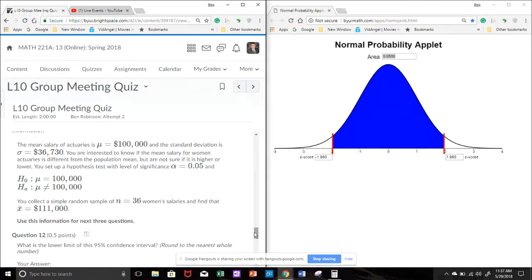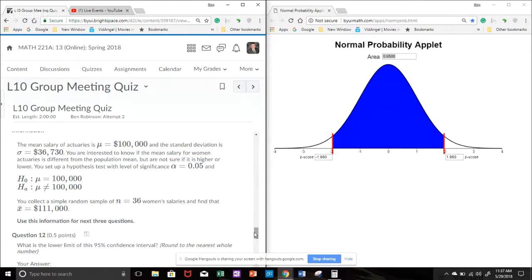The standard deviation is 36,730, divided by the square root of 36, right? Right.